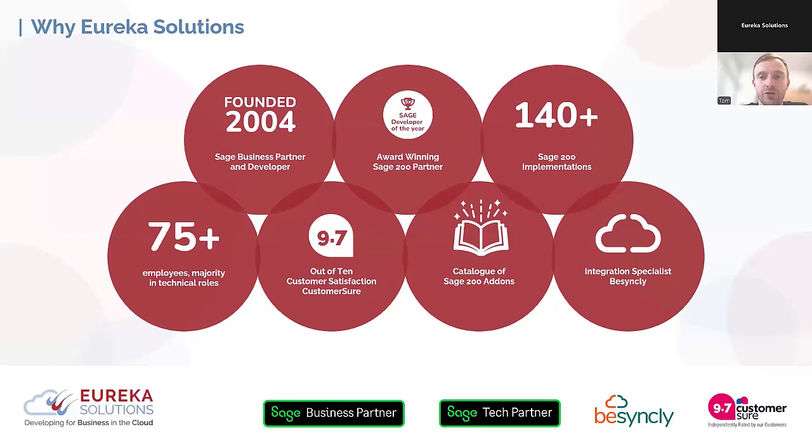We would then go through the whole scoping phase with our implementation team, making sure that the system is set up and configured based upon those demonstrations and pre-sale scoping that we had. We would go through the whole process of making sure the system's trained. We would go through the whole after sales as well. So we'll get on to that as we go through the session this morning and look at how the relationship would work after you go live with Sage 200 as well.